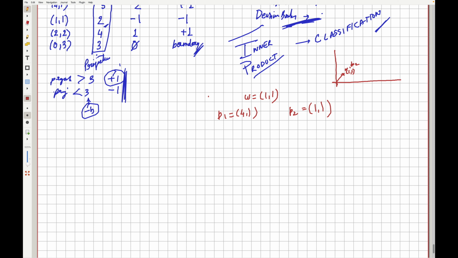But then we have P1, so this is 1 2 3 4, and this is 1. So let's say P1 is a vector somewhere here, P1 4 1.